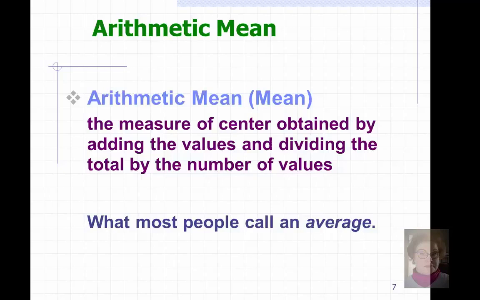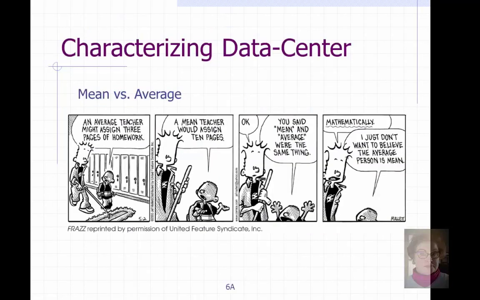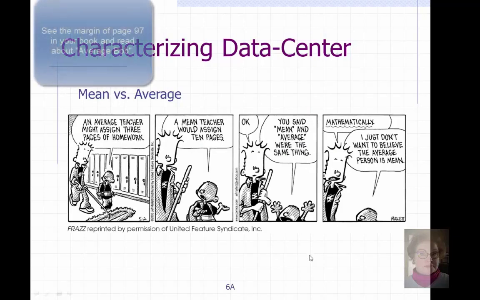So we need to use more specific language, and when we add up the values of the members of our data and divide by the number in the set, that's called a mean. It's important that you use the right vocabulary in the right context. Here we have a comic strip about the difference between average and mean, and I will leave you to read that yourself.